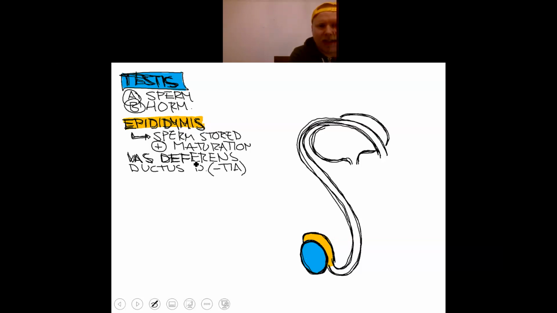So a few different versions there that you might see being used as a name of this tube. I would advise that you try to be familiar with all of those, because you never know which one you will see being used, but they all mean the same structure. They mean this long tube that leaves from our epididymis and then arches over and around and to the back of the urinary bladder. And what this really is, it is a tube that has muscle walls. So it's just a muscular tube.